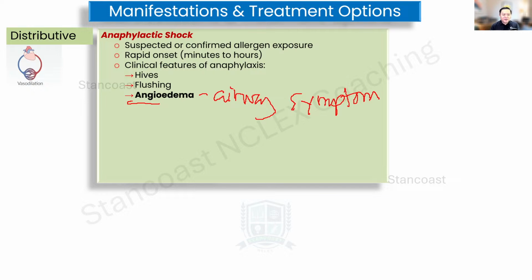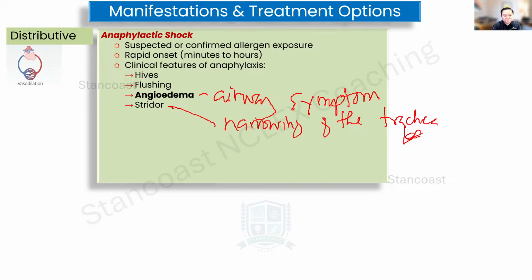What else? If there is going to be an obstruction of the airway, what can you hear in the patient? Well, of course, that stridor, right? Especially when the air passes through a wider airway like the trachea, it can produce that stridor sound. It is a high-pitched breathing sound, and the reason for that is the narrowing of the upper airway, the trachea.